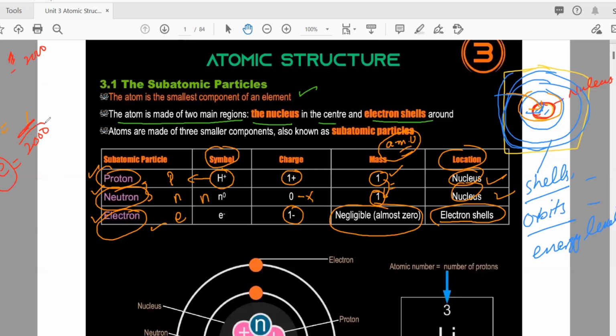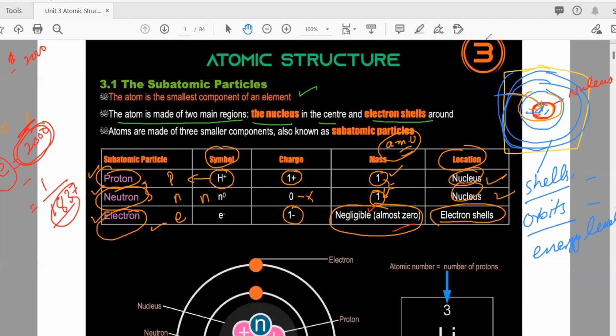In some books you will find 1 over 2000, and in some books 1837. This doesn't matter, but the numbers show that the electron mass is really less. It means that if you want to neglect it and consider it as zero, it's not wrong. It's almost zero.